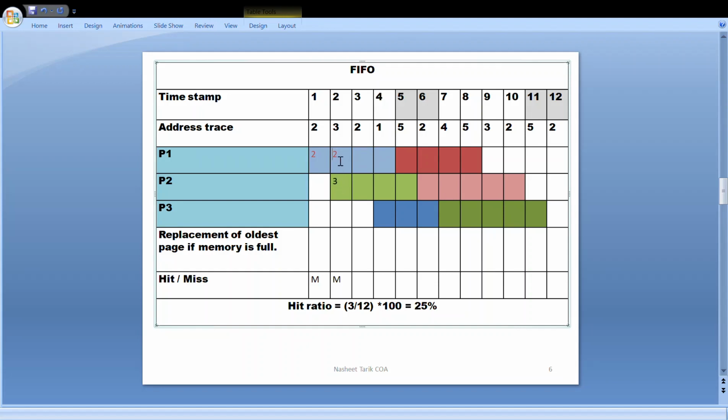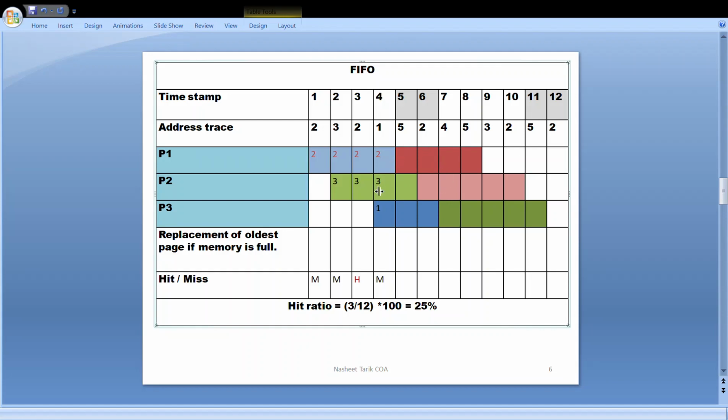Now the program execution is such that the third time, page number 2 needs to be accessed, and it could be accessed directly from M1 memory, so a hit occurs. And then page number 1 needs to be accessed, which is again not there in your memory, so a miss occurs, and you can copy this page from lower order memory into higher order M1 memory.